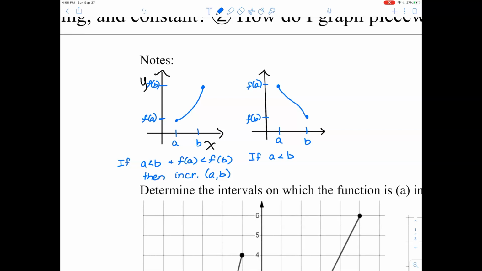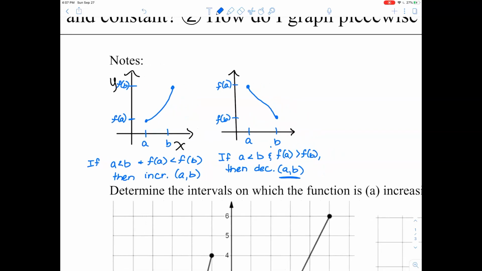So if A is less than B and f of A is greater than f of B, then the function is decreasing over the interval between A and B. See that? All right, so that's decreasing. So again, I'm talking about an interval from left to right. Increasing, decreasing from left to right.